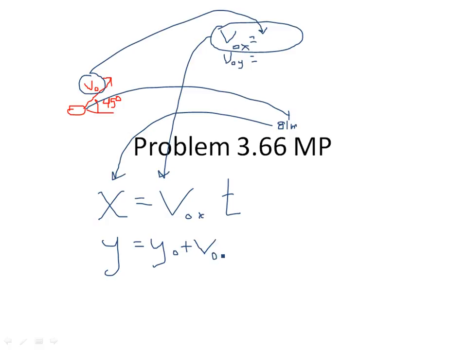Okay, y equals V0y t, and then remember this is free fall. The gravitational acceleration is negative 9.8, so it's 1/2 a t squared, which means that's 1/2 of negative 9.8 is 4.9 t squared.